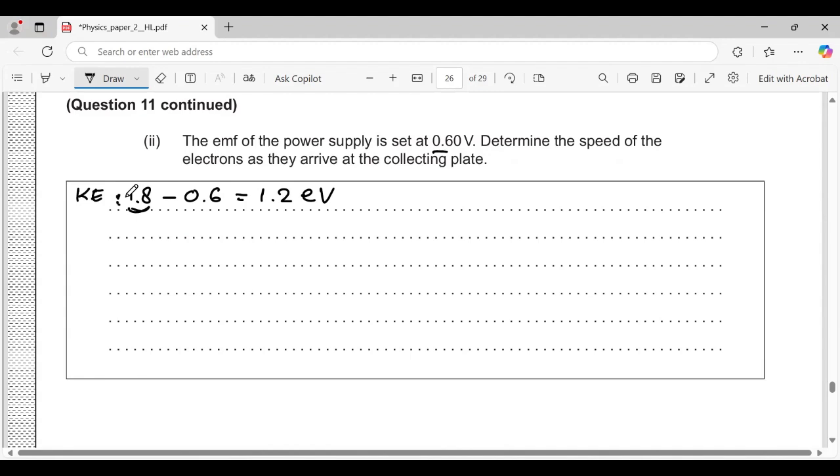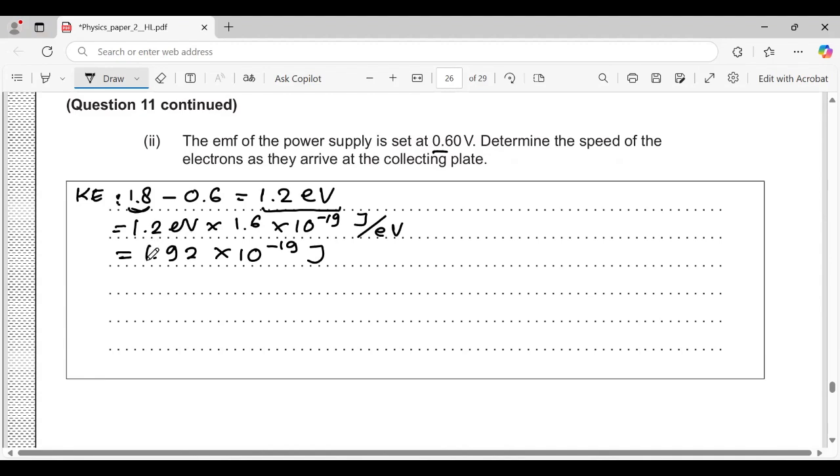Now we will convert this number into joules. So the kinetic energy equals 1.2 electron volts times 1.6 times 10 power minus 19 joules per electron volt. So it becomes 1.92 times 10 power minus 19 joules.